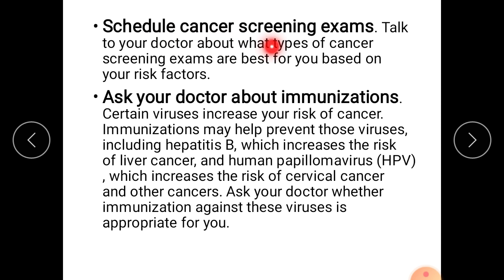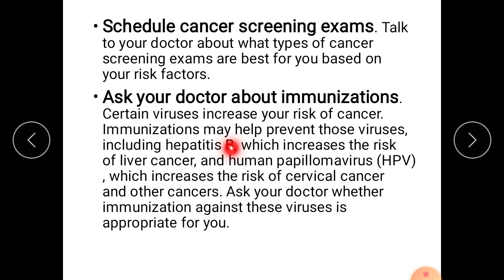Schedule cancer screening exams. Talk to your doctor about what types of cancer screening exams are best for you based on your risk factors. Ask your doctor about immunizations. Certain viruses increase the risk of cancer.